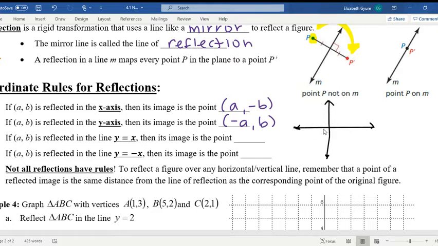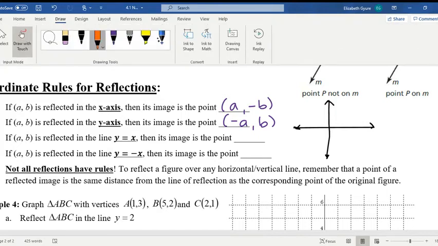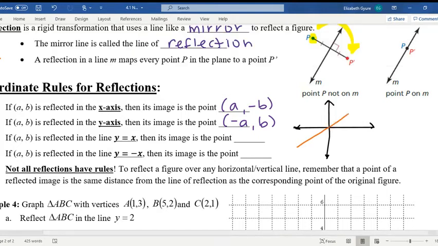So this is a line that goes through 0, 0, and has a slope of 1. It would look something like this. That's the line Y equals X. It's a slanted line with a positive slope going through 0.